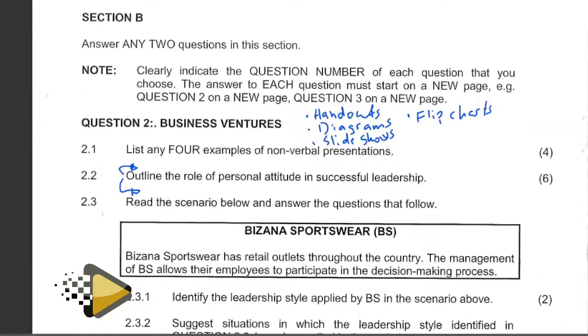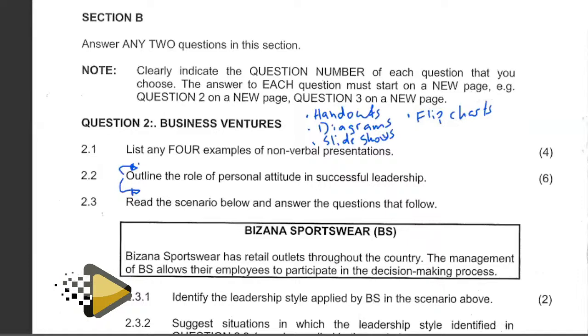The question says outline the role of personal attitude in successful leadership. One of the roles is that positive attitude releases leadership potential. The moment there is exhibition of positive attitude at the workplace, that is going to automatically release leadership potential from a leader. Also, enthusiasm produces confidence in a leader.